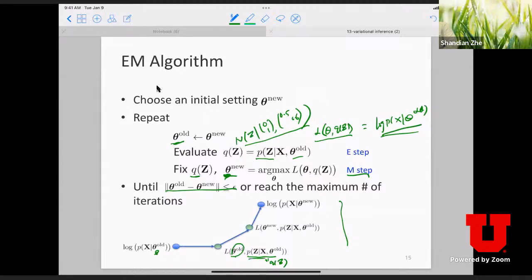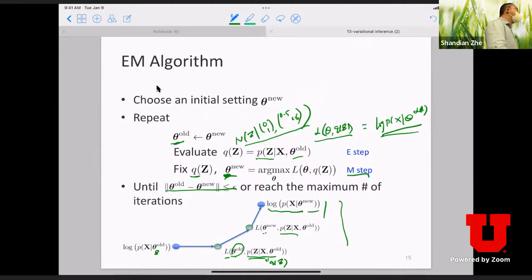With this fixed, you get a new theta, called theta new. We know that your lower bound evaluated at theta new with the old posterior will always be better than L evaluated at theta old with the old posterior. And this is upper bounded by the model evidence at theta new. So you can see that you always improve the marginal log model evidence.